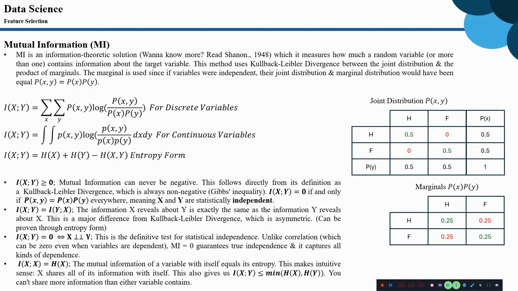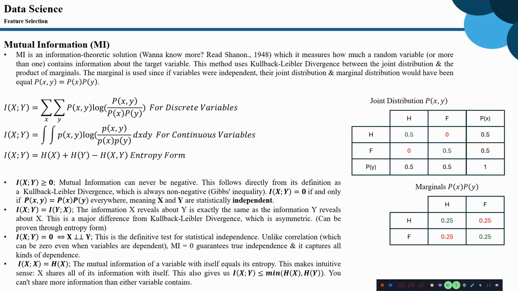Mutual information can never be negative, so the higher it gets, the better the relationship between that feature and your target variable is. The information that x reveals about y is exactly the same as the information y reveals about x.